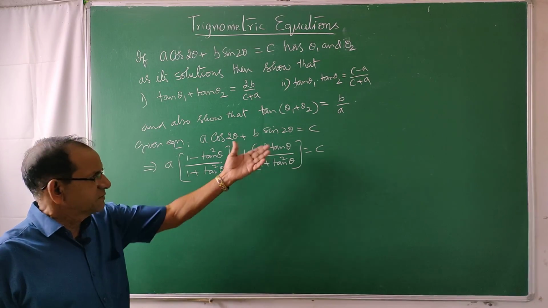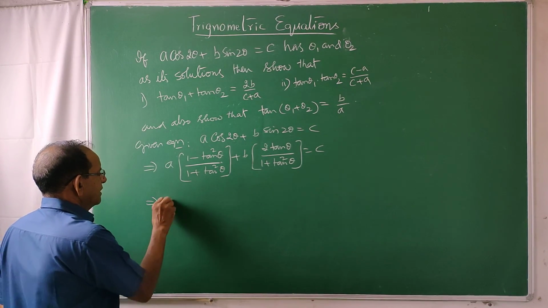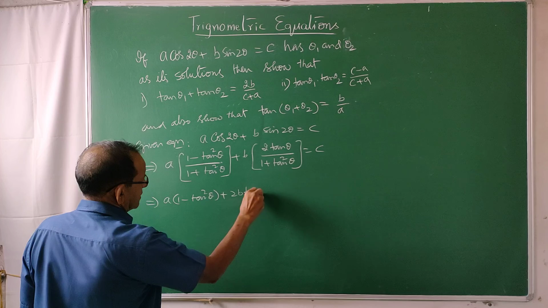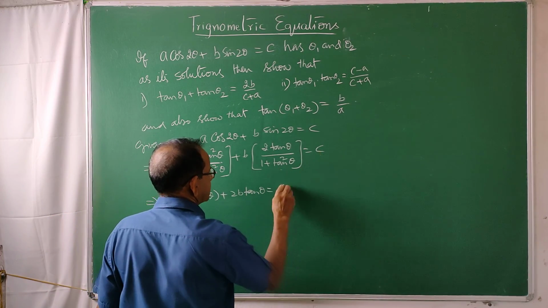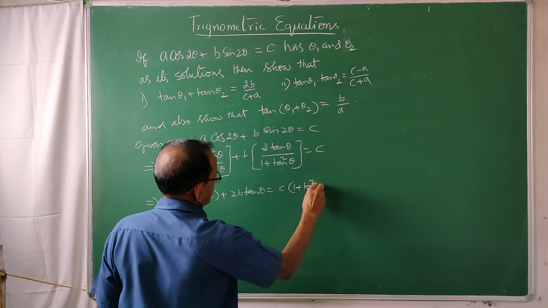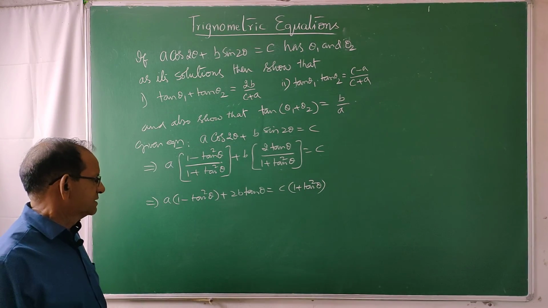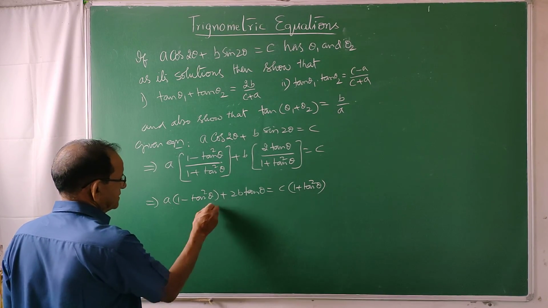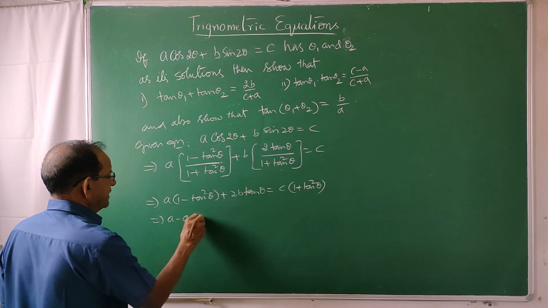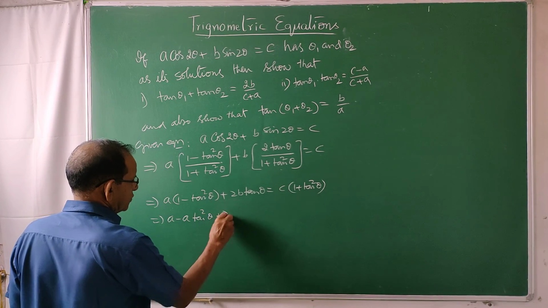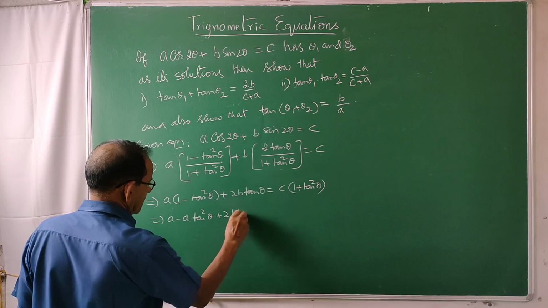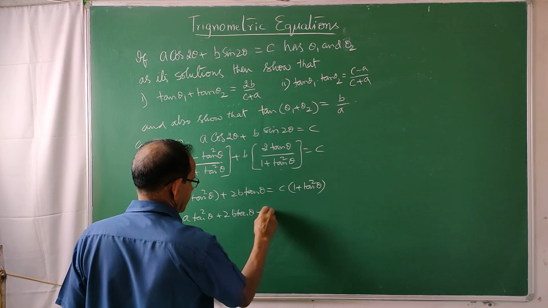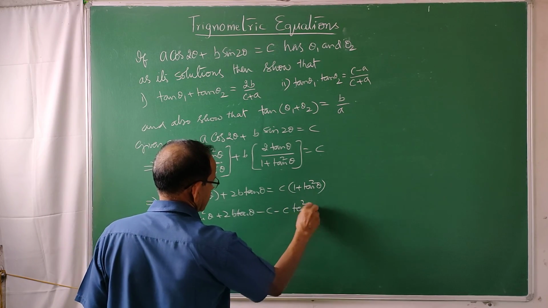Now let us take LCM and cross multiply. That implies a into 1 minus tan square theta plus 2b tan theta is equal to c into 1 plus tan square theta. Let us bring all the terms to one side: a minus a tan square theta plus 2b tan theta minus c minus c tan square theta is equal to 0.